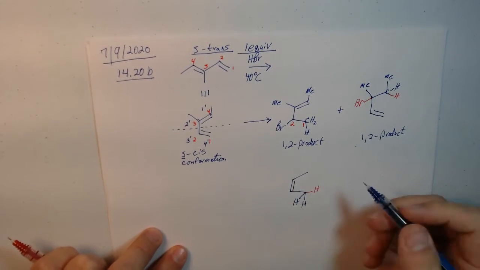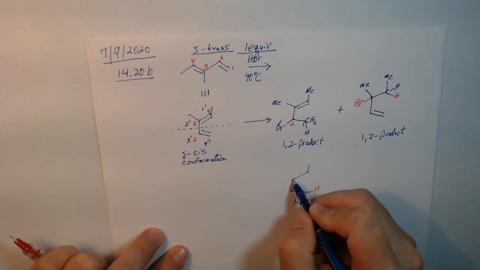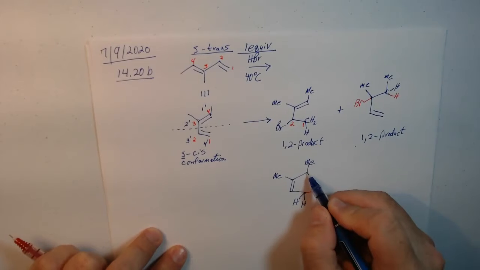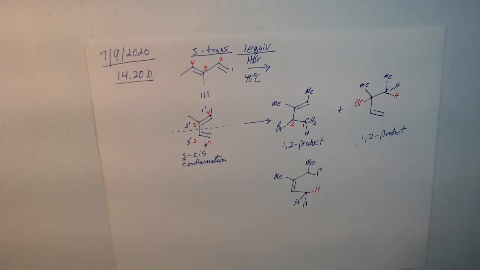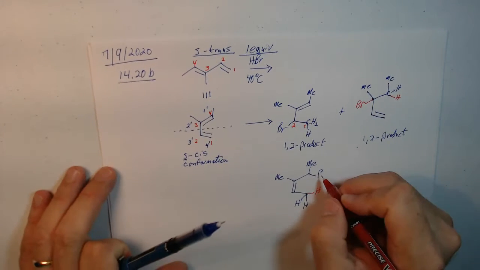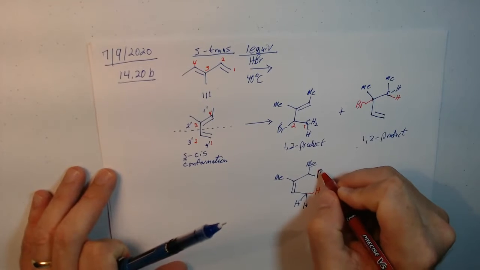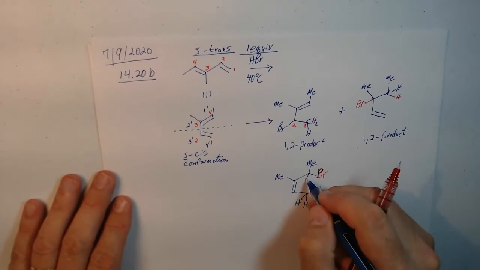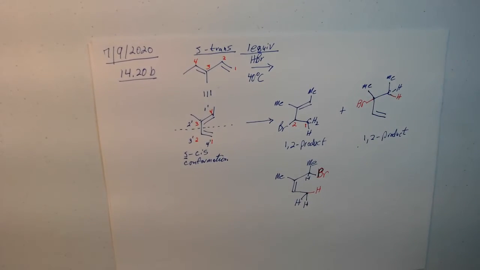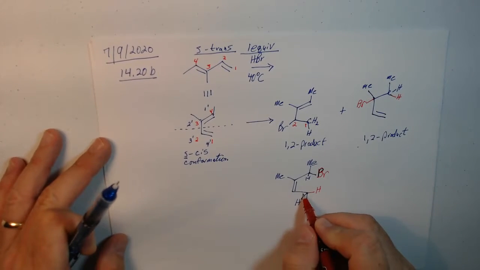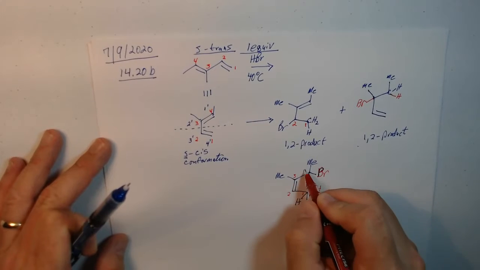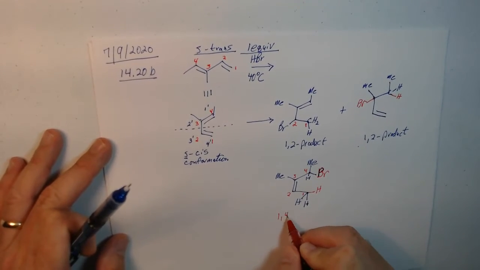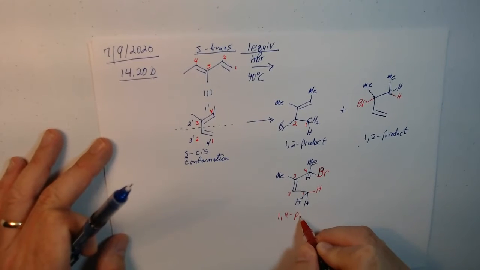The double bond moves to here. Change colors. There's the Br, and of course there was already a hydrogen attached there also. So this you can see if we number the carbons, 1, 2, 3, 4 is the 1,4 product.